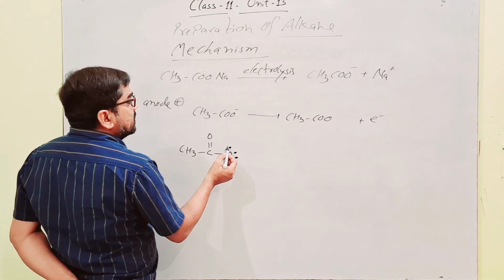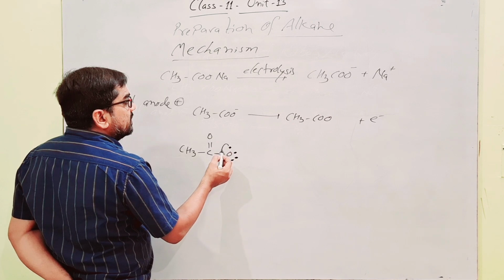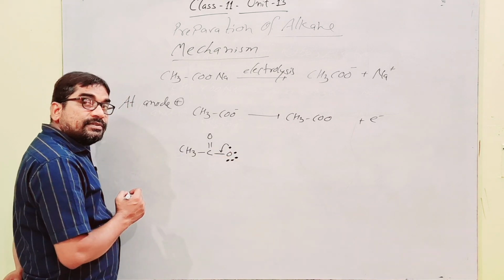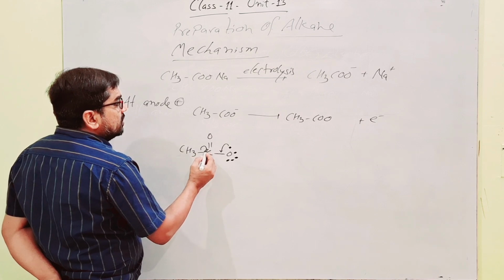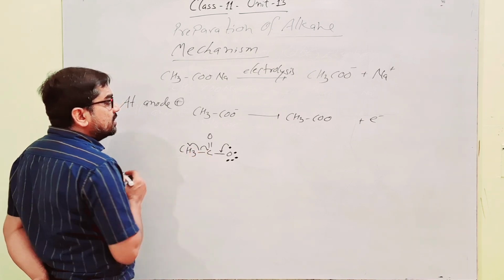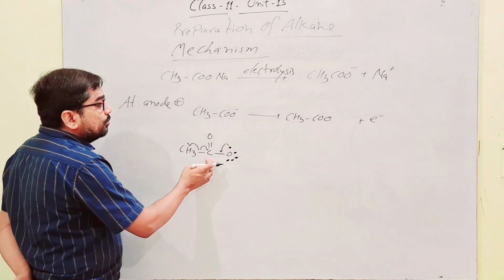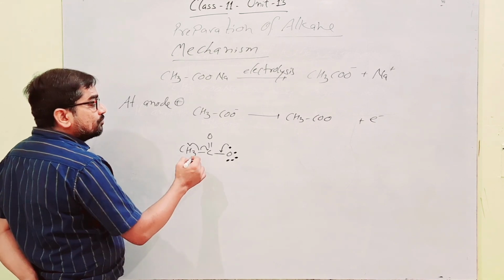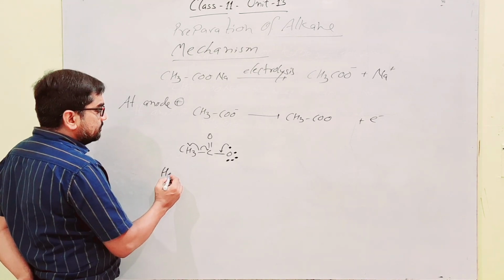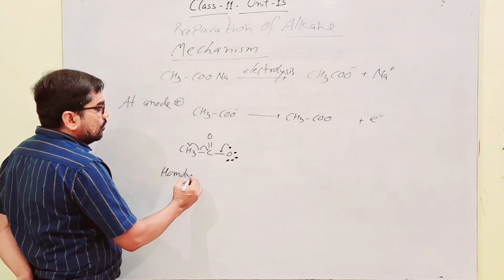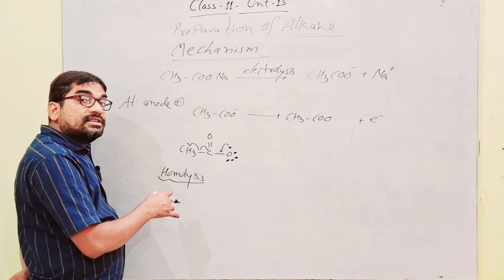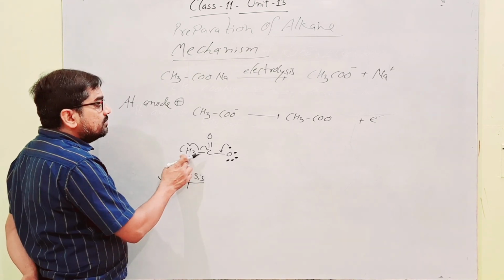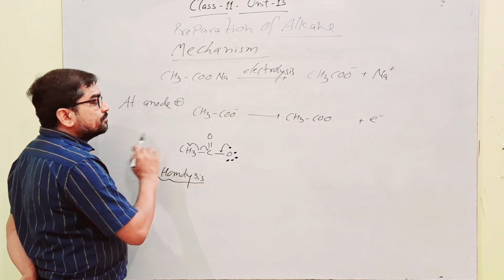So this electron will migrate to this position between carbon and oxygen, and now under homolysis both the shared electrons are taken by both the carbons equally. Homolysis is carried out, and homolysis results in free radicals, so here a methyl free radical is formed.